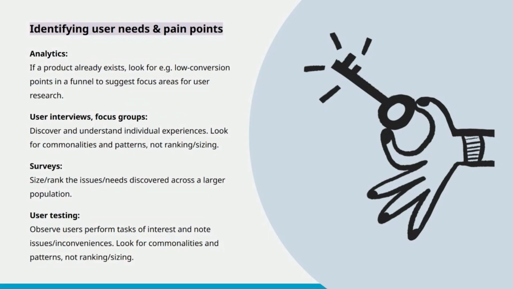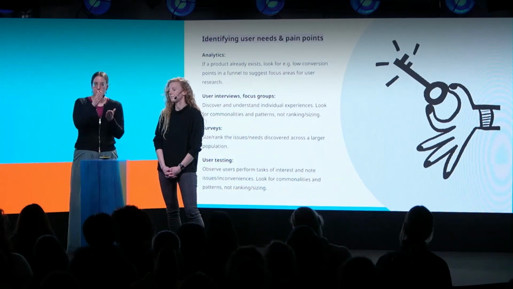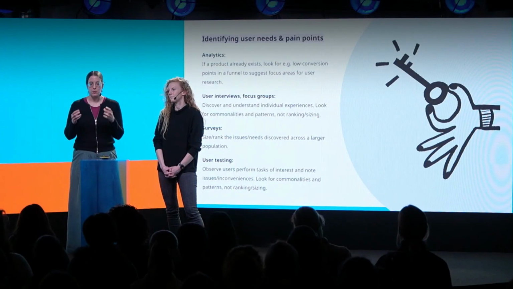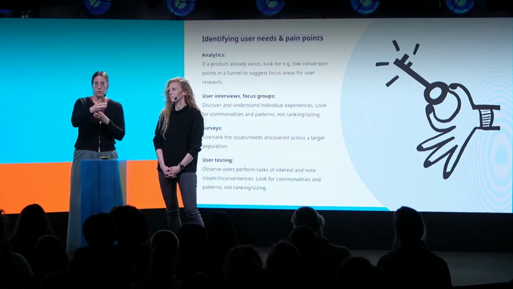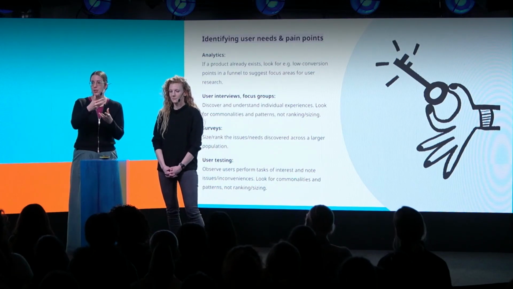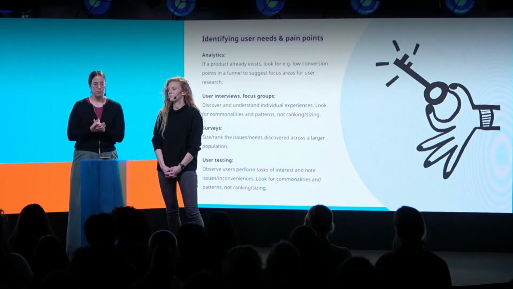And once we have these areas for potential issues, we can use methods such as user testing or user interviews and focus groups to see and talk to users and see what happens at those stages of the user journey. What is happening? What are the users doing and saying? And we can connect behaviors to intentions and thoughts and emotions such as confusion and frustration.